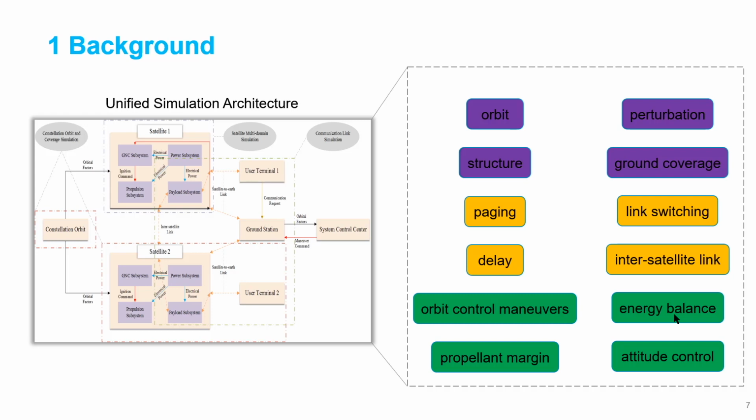The constellation orbit model calculates the number of orbital elements of each satellite in the constellation according to the given constellation design parameters. These orbital elements contain the position and speed information of the satellite and are transmitted to the ground station through the satellite-to-ground link.